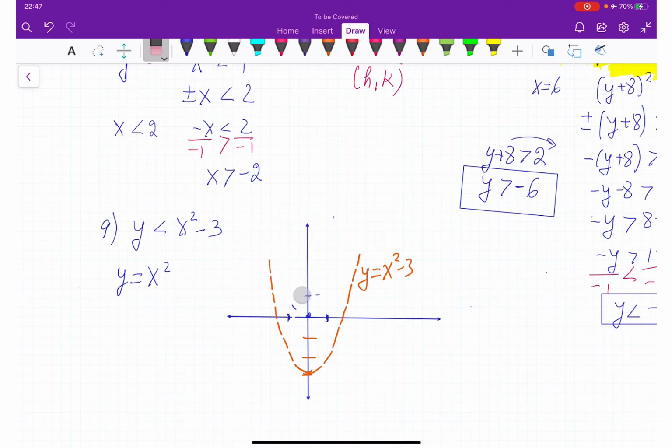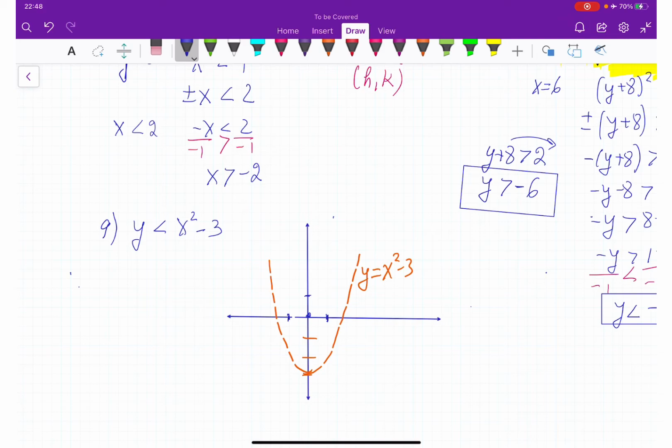We leave our graph there. So now let's see how we're going to shade it, which way it's going to go. So for y less than x squared minus 3.